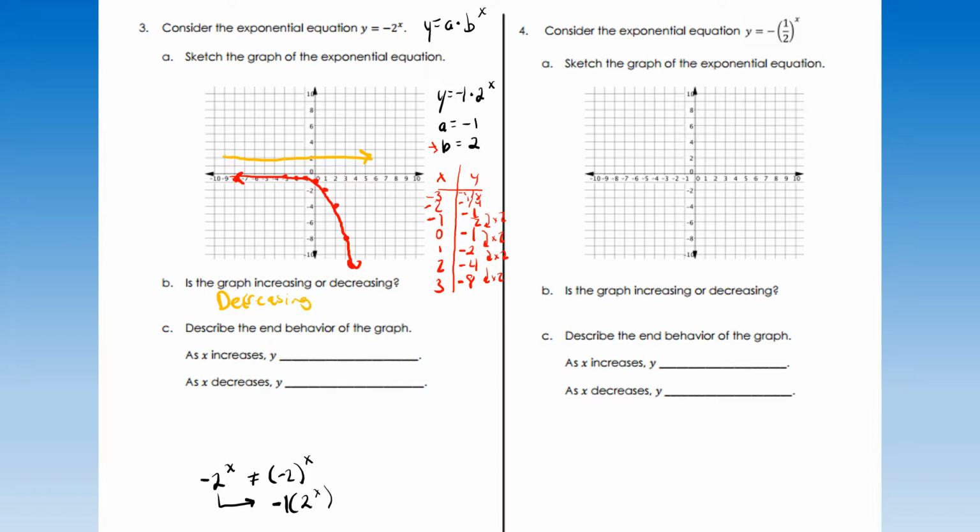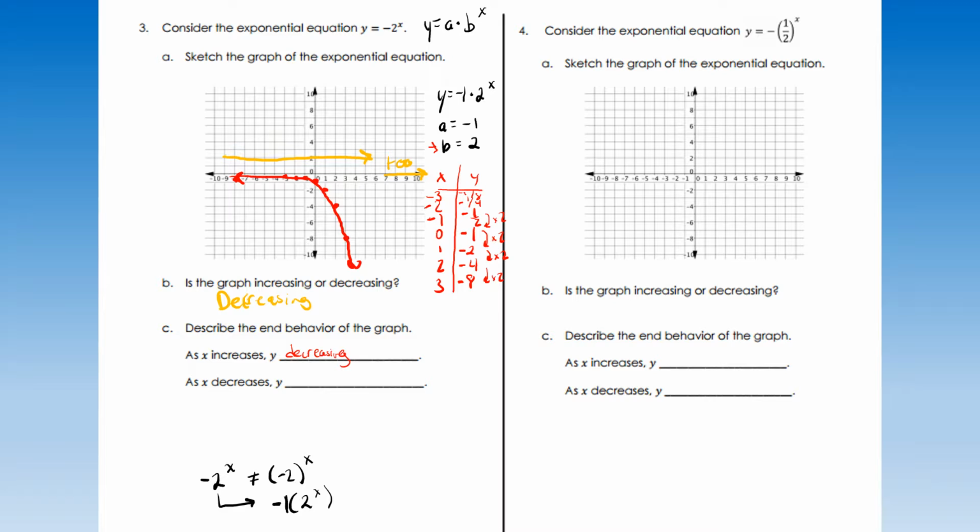Now, what about the end behavior? As x is increasing, just like all these other ones we've done, as x heads towards positive infinity. So the bigger that x gets, what's happening with the y terms? Well, the y's are decreasing. So y is decreasing as x is getting bigger.